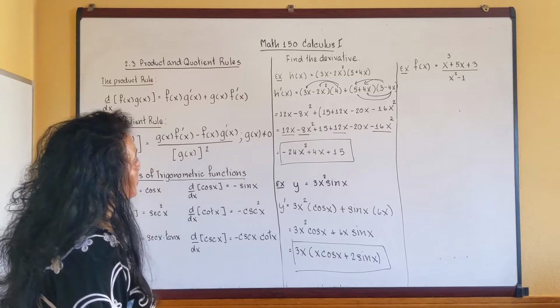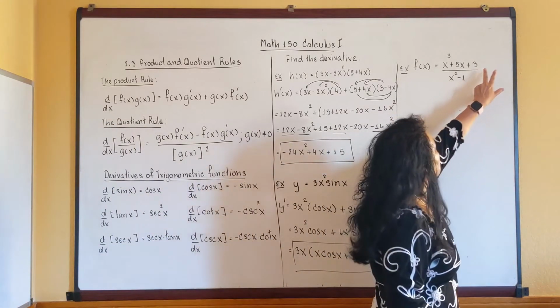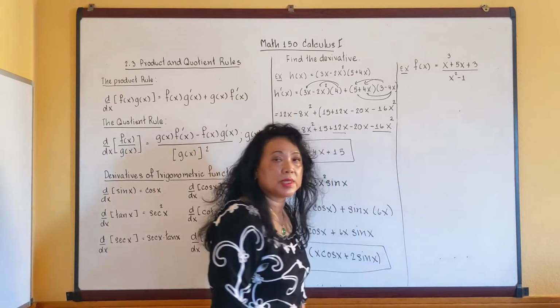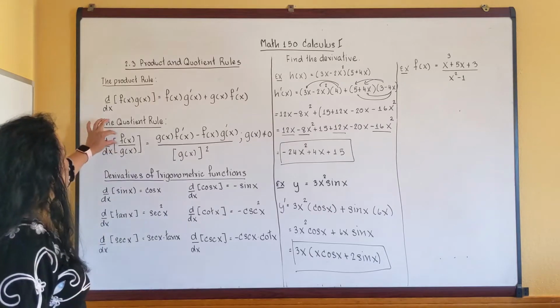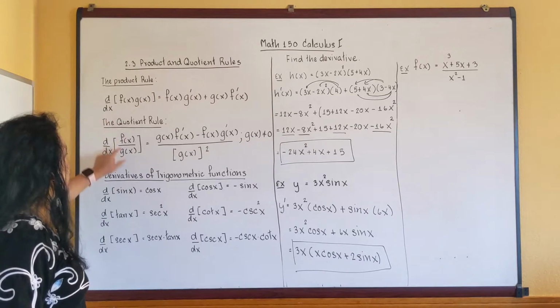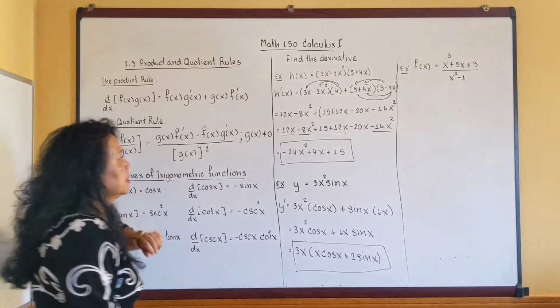The next one, you probably can bring this to the numerator and make it a product rule problem, but I'm going to use the quotient rule here. Think of the numerator as f of x and the denominator as g of x. So I'm going to apply this one.